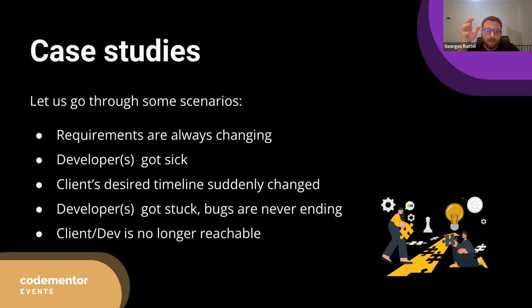The client needs to understand in this case that not all of the features will be done during the new timeline, and some compromises will have to be made in that specific scenario. And in some cases where there are contingency plans, the client might be lucky enough that the contingency plan itself accounts for that, so there won't be an issue eventually.